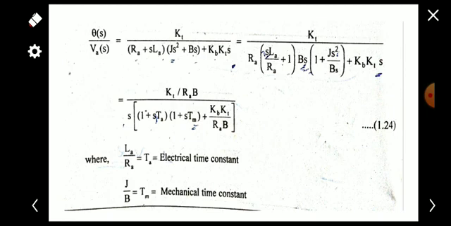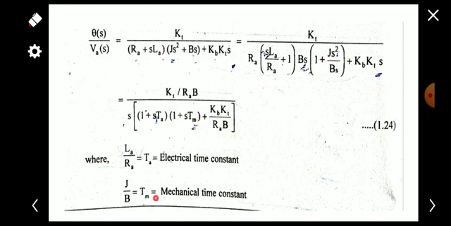And from this term we take Ra and B to the numerator side, that is Kt by RaB, divided by s into (1 plus sTa), where Ta is La by Ra, the electrical time constant, into (1 plus sTm), where Tm is J by B, the mechanical time constant.